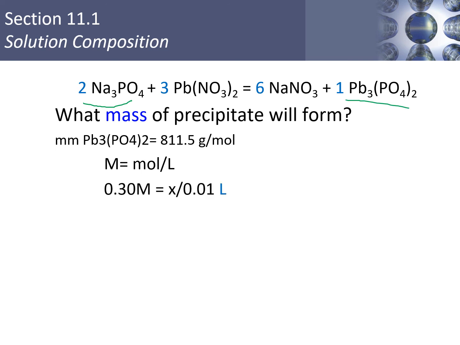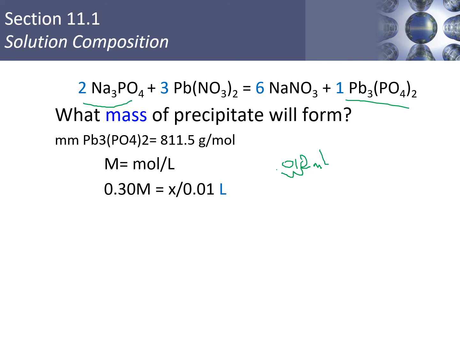So the original problem told us that the molarity was 0.3 moles and that there was 10 milliliters of it. So molarity is moles per liter. I needed to turn that into liters. So move that decimal place over 3.